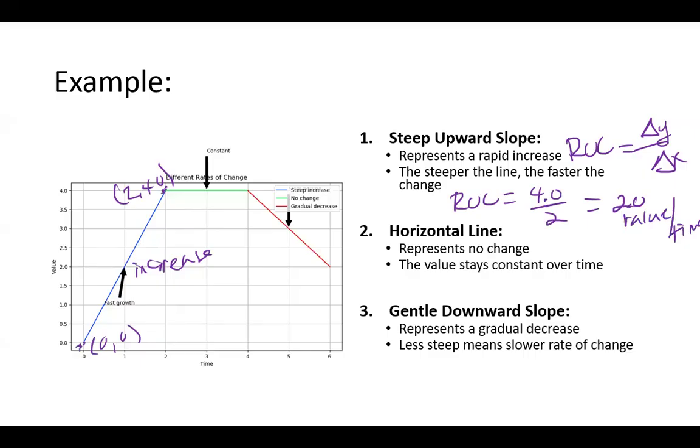Where does our horizontal happen from? Horizontal starts at 2, and then it ends at 4.